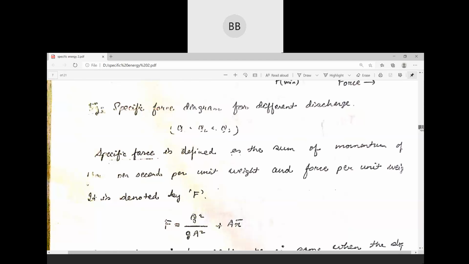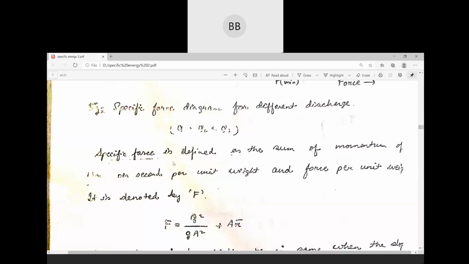So you can write down the definition. Specific force is defined as the sum of momentum of flow per second per unit weight, and it is also called force per unit weight.